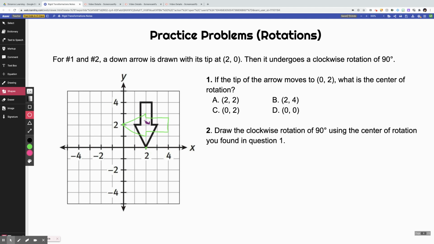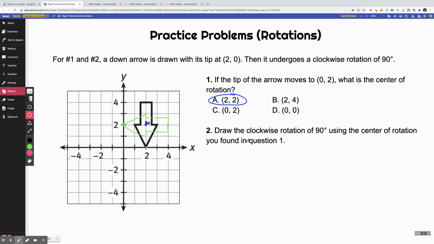So I'm drawing my circle here, and I want my circle to touch both of those green points. So I have it here touching both of those green points, and you can see in the middle where that center is, right? You can see where those dashed lines kind of come together. When that was up, those dashed lines were about right here. So that smudge actually ended up being in the right spot. Okay, so my rotation point is the point 2, 2.